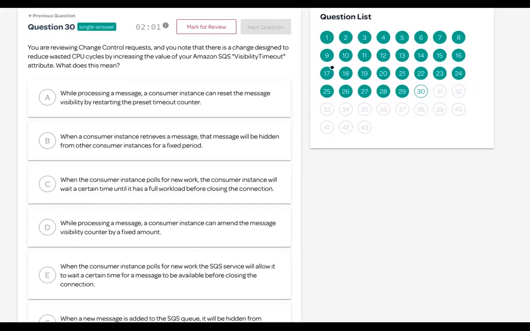You are reviewing a change control request and you note that there is a change designed to reduce wasted CPU cycles by increasing the value of the Amazon SQS visibility timeout attribute. What does this mean?